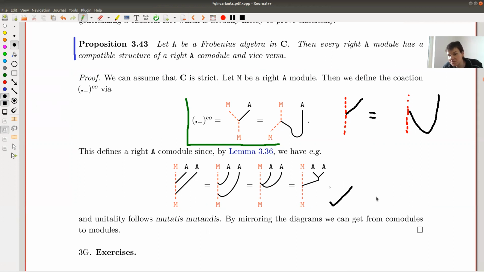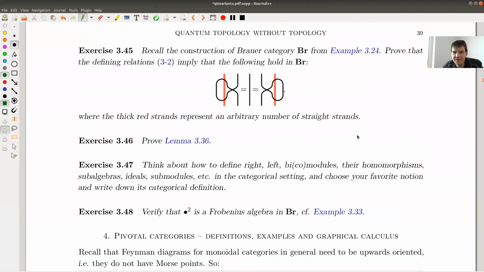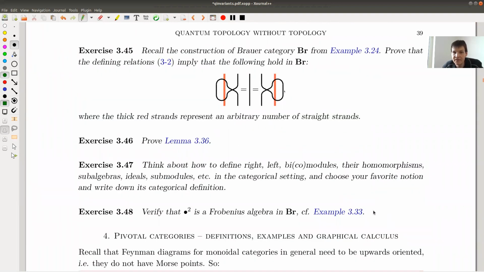That's it. It's not very hard. And vice versa. How can you show it vice versa? By just turning the pictures upside down and you're done. I would really recommend doing some of the exercises as usual. This, for example, is fun. Otherwise, that's what there is for today.